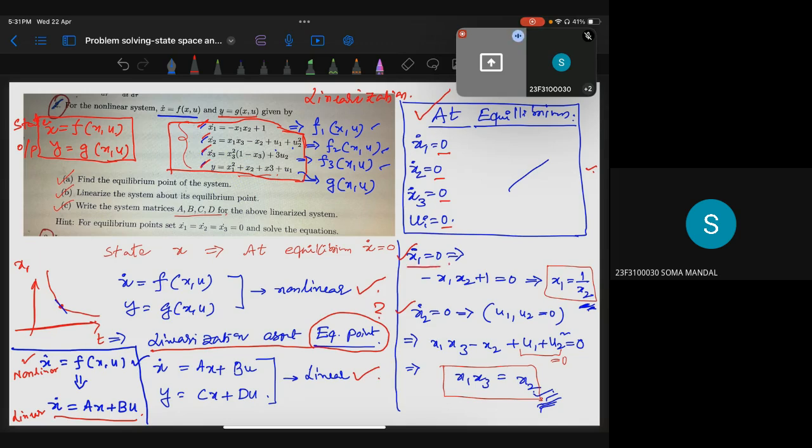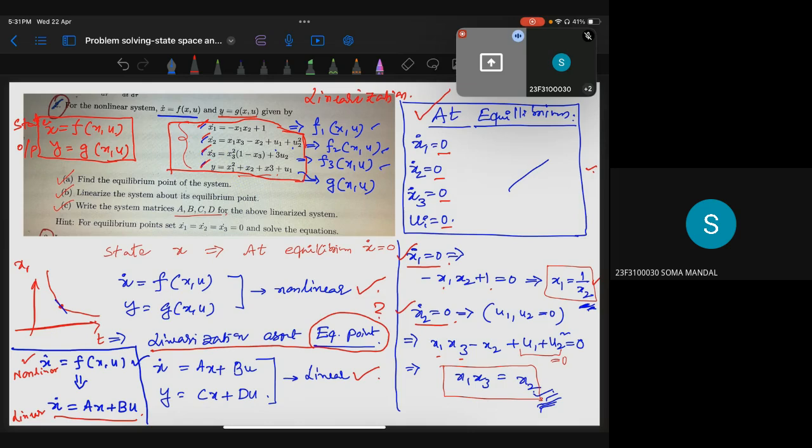It means that minus x1, x2 plus 1 equal to 0. From this we can write x1 is equal to 1 by x2. Then second equation, x2 dot equal to 0.